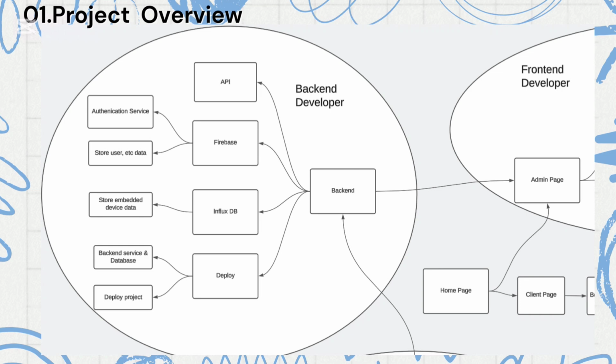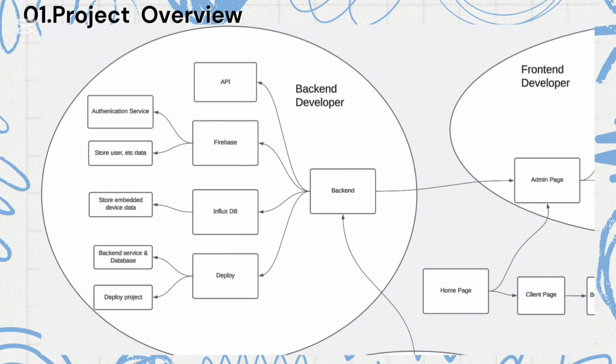In the backend side, there are several things. The first one is the API, which handles the communication between each field, such as the front end and the IoT field. Then in the backend, we use Firebase to create the authentication service and also store the user data and so on.